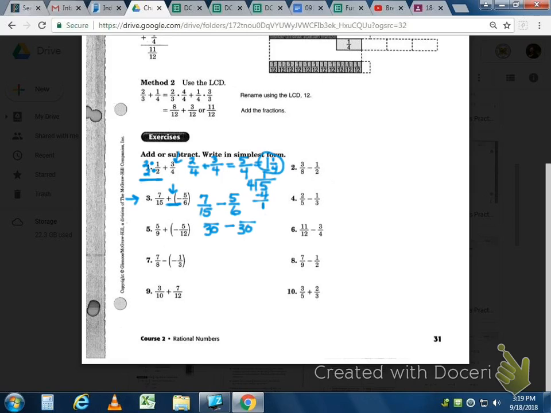Now remember, beside the fractions, I want you to write what we're multiplying top and bottom by. That will help you keep track. 15 times 2 is 30, so 7 times 2 makes this 14. 6 times 5 is 30, so 5 times 5 is 25. Now I've got them rewritten with the same denominator.